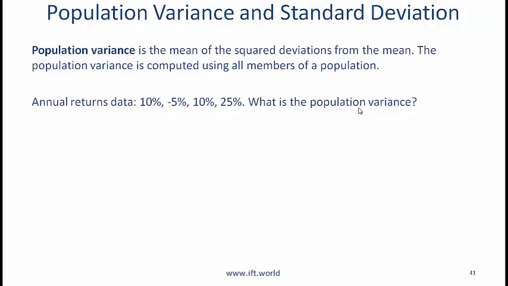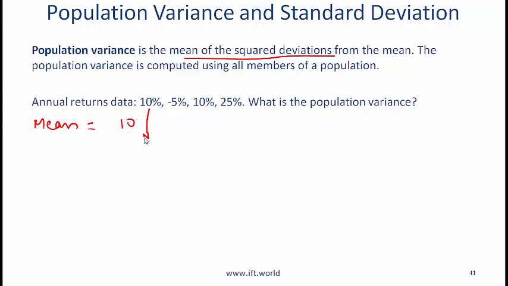In a few slides, I will show you the formulas, but at this stage, let us understand the concept. We are essentially looking at the deviation from the mean. So obviously the first thing to do is to compute the mean, which we have done earlier. The mean is equal to 10. The next thing we do is come up with the mean of the squared deviations from the mean. So what are the squared deviations from the mean?